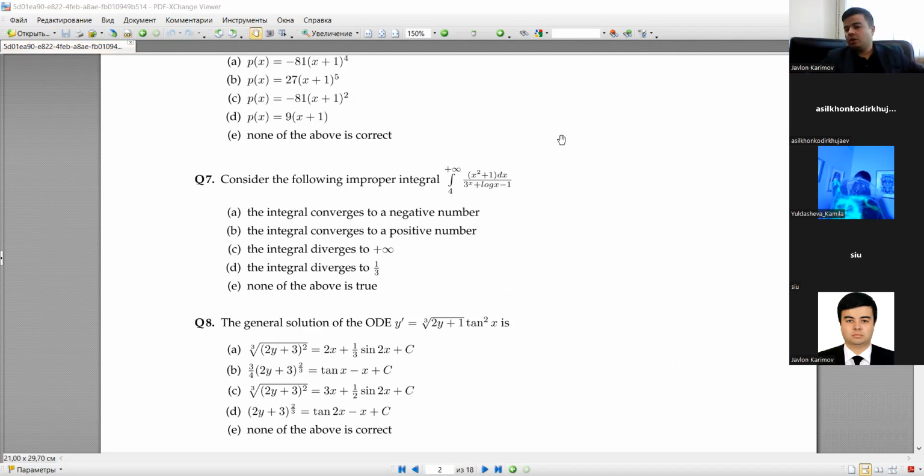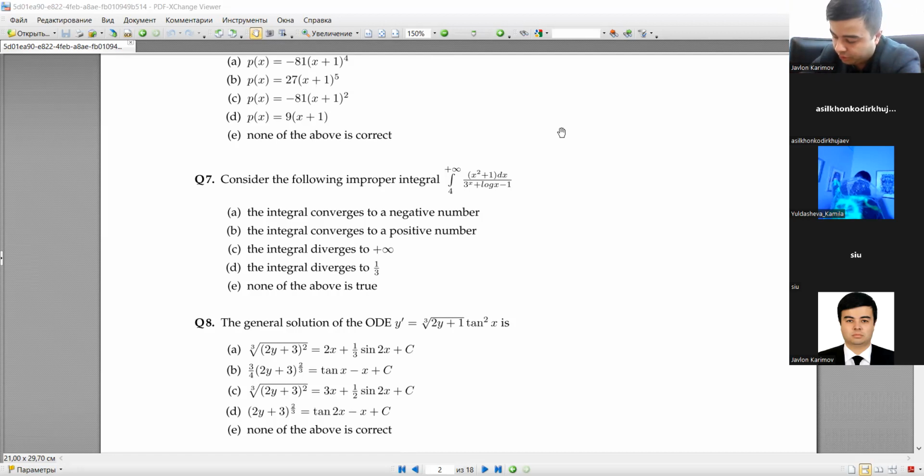What kind of theorems or what kind of instruments do we need to use? Replacement, what should we replace here? Yeah, we can do it. For example, plus infinity. So we can just replace by t, and then from 4 find the limit. Of course, to solve the improper integral, we move to the limit.